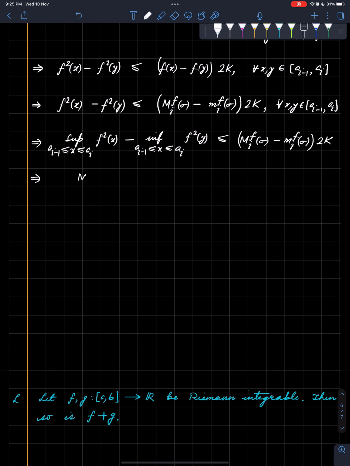And this is of course M_i f square sigma minus little m_i f square sigma, which I will write as omega_i f square sigma, at most 2k omega_i f sigma, which implies I can do this with the summation.